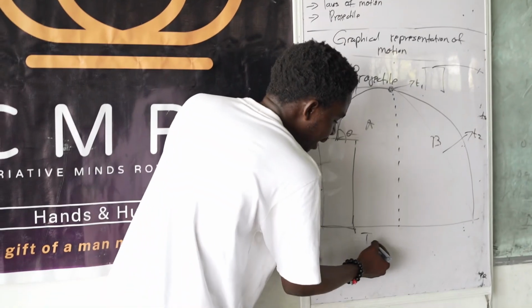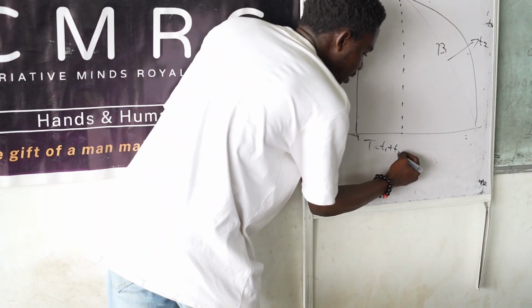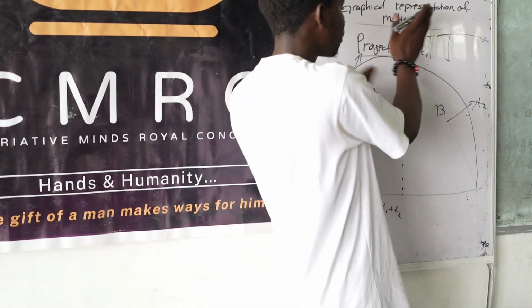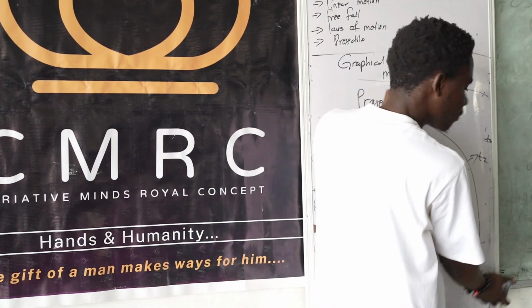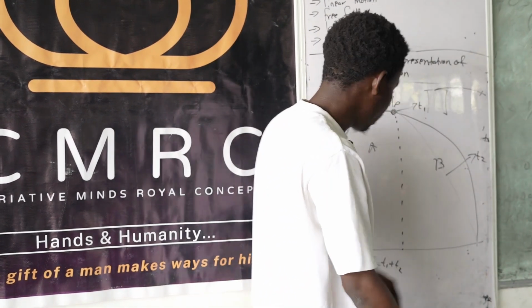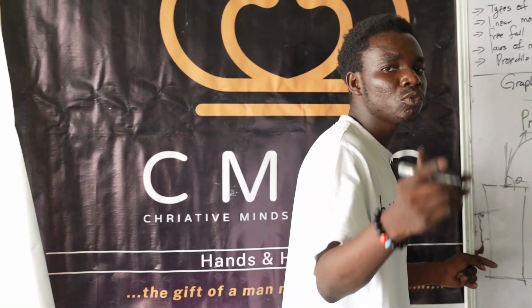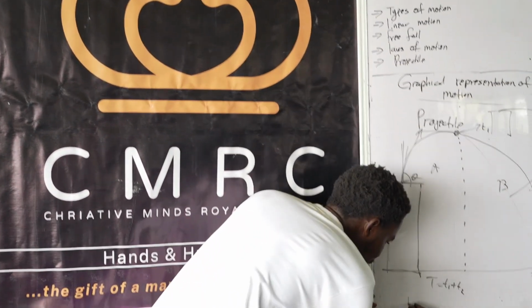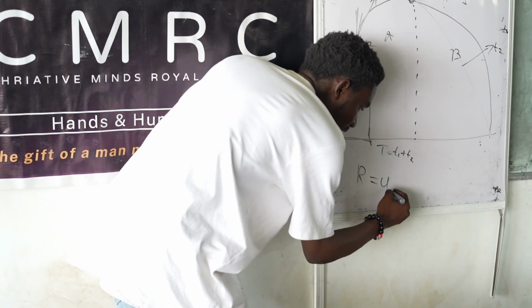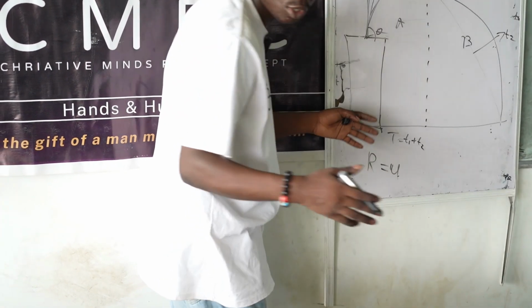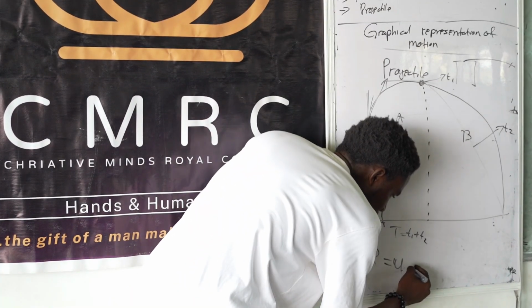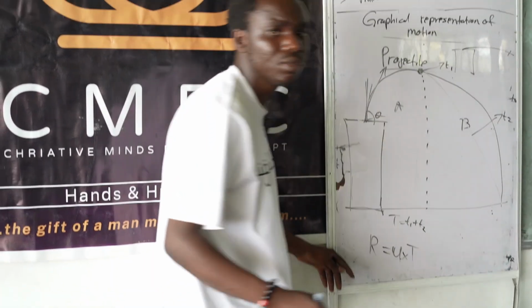So my capital T will be equal to T1 plus T2, meaning the time taken for the first half of the journey plus the time taken for the second half of the journey. Add them together and that gives me T. Now I go back and say that my formula for range R is equal to U, the initial velocity which I am given, multiplied by capital T.